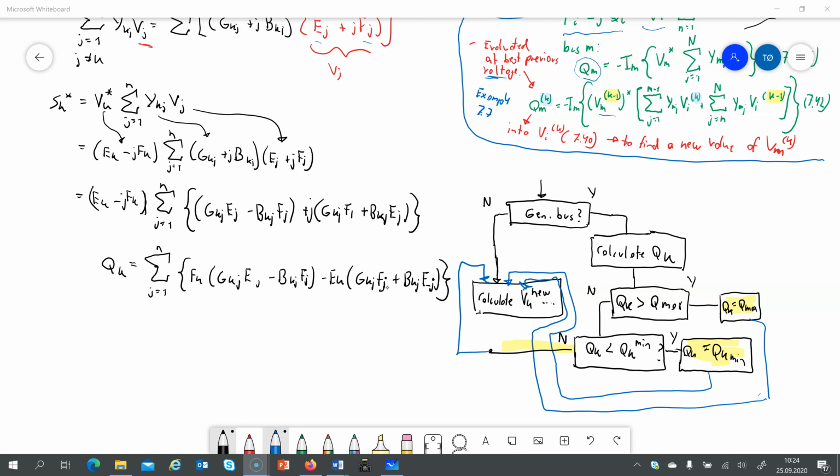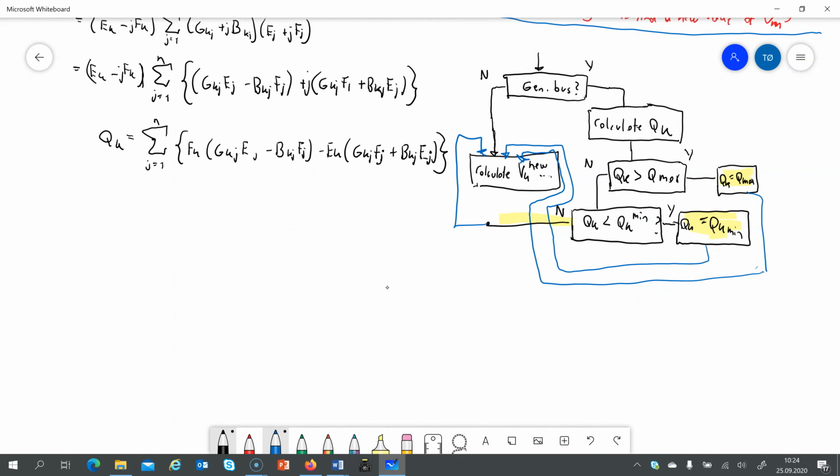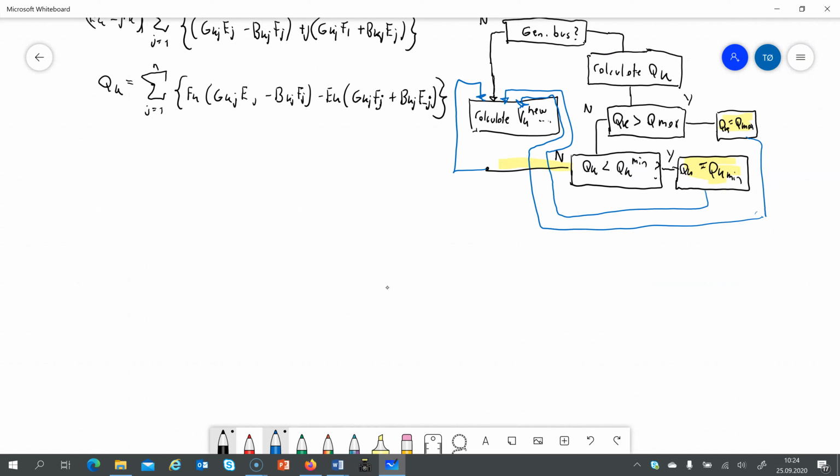So mainly, for the generator bus you have to calculate the reactive power and check if it is within max and min. We need to do this if it's a generator bus.